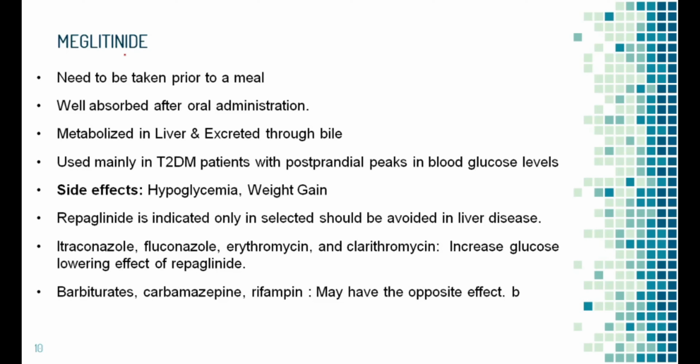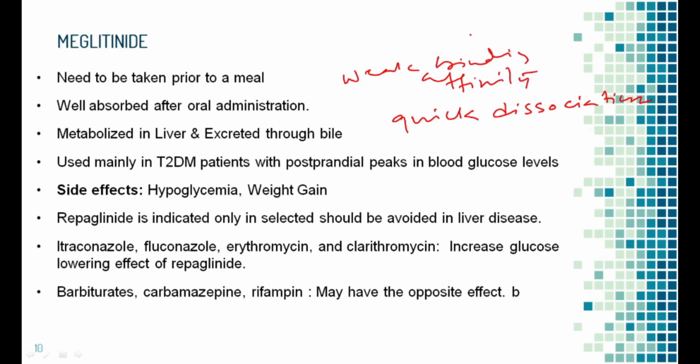They are mainly useful to regulate post-prandial glucose level in type 2 diabetes patients, helping control blood glucose level after taking a meal. Repaglinide generally has rapid onset of action. Side effects are hypoglycemia and weight gain.